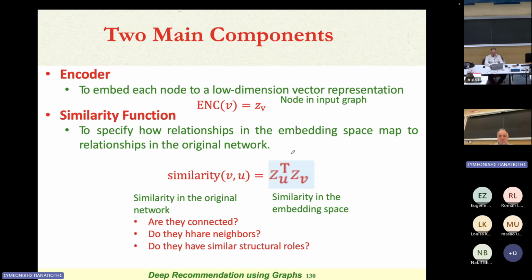So here we have the dot product of the two vectors u and v. You take the transpose of one vector, and you can then compute this similarity. It is very close to the matrix factorization idea. You take the product of the user latent factor times the item latent factor, and you compute if the user is interested in this item.